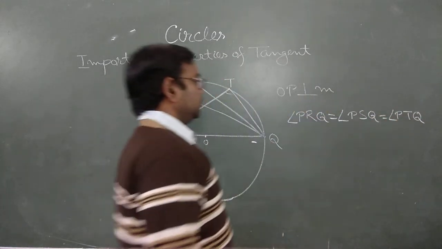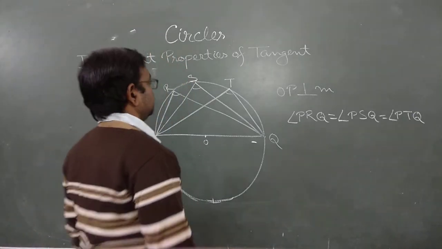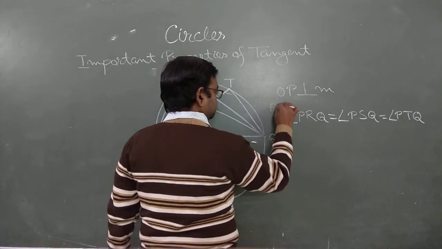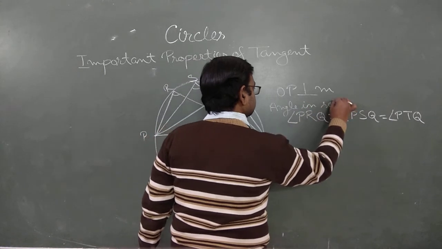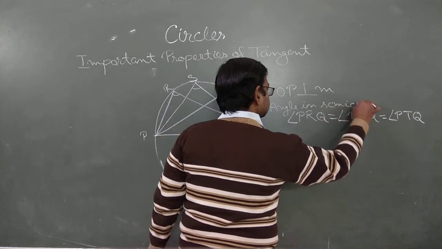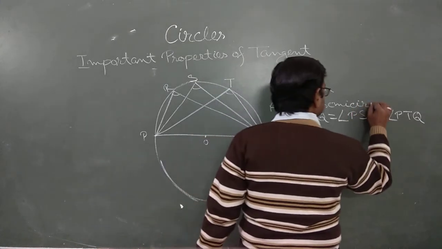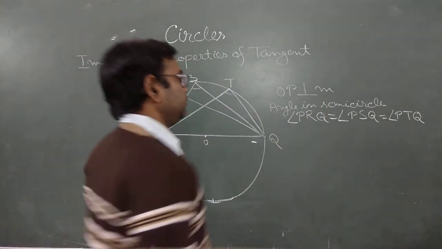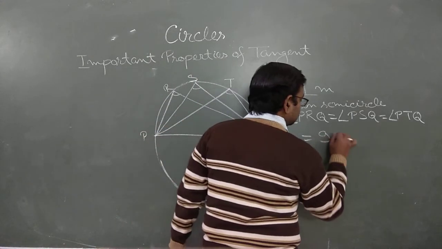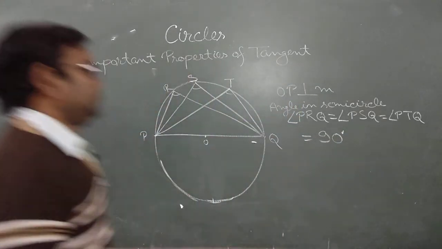All these are known as angle in semicircle, and the value of this is always equal to 90 degrees.